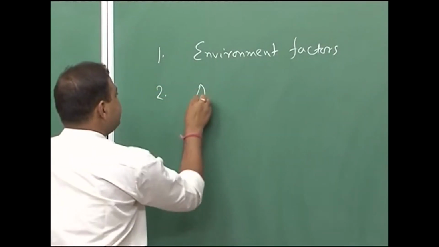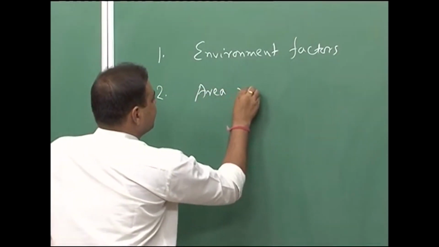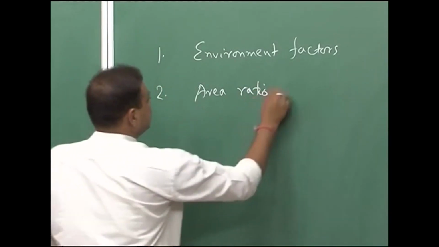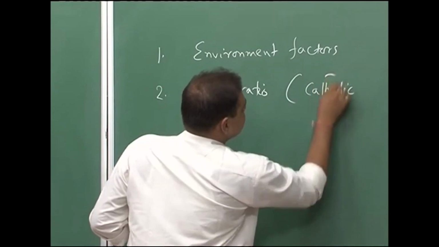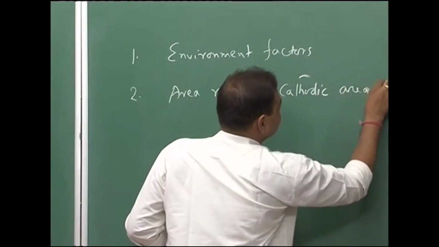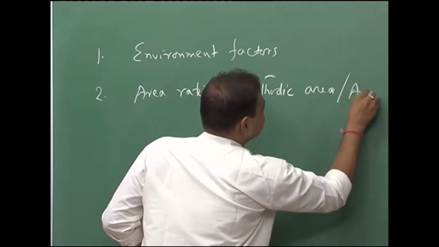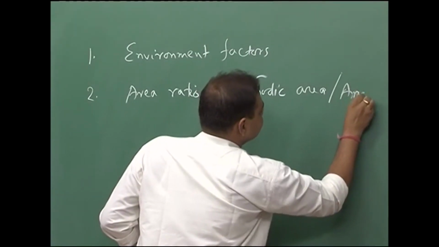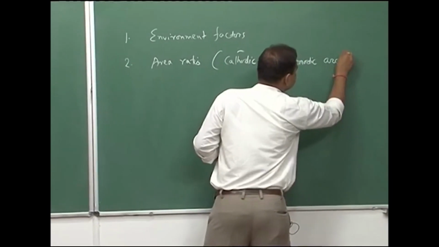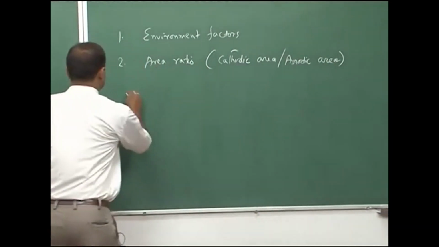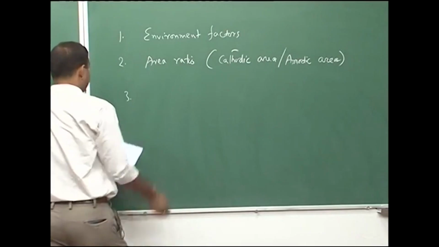Second is the area ratio. Area ratio means cathodic area and anodic area. Third one is the distance effect.